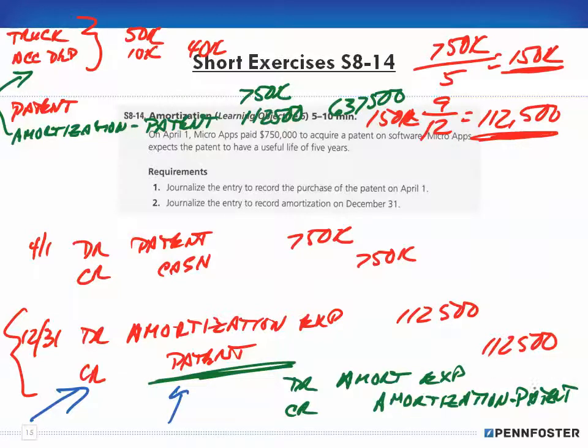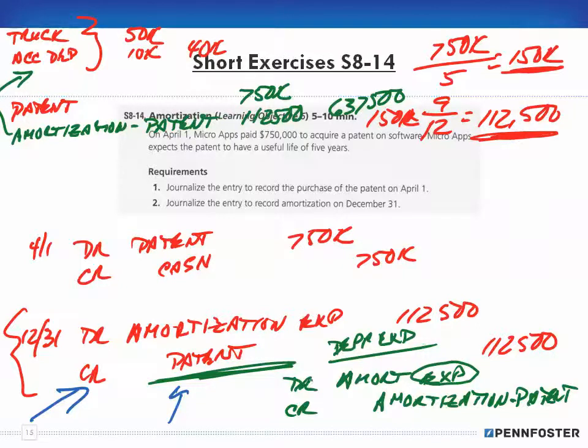Now notice the terminology I'm using here. With amortization, I'd be using the word expense, so I would know that's an expense account, just the same as I would use depreciation expense when I'm depreciating a fixed asset.